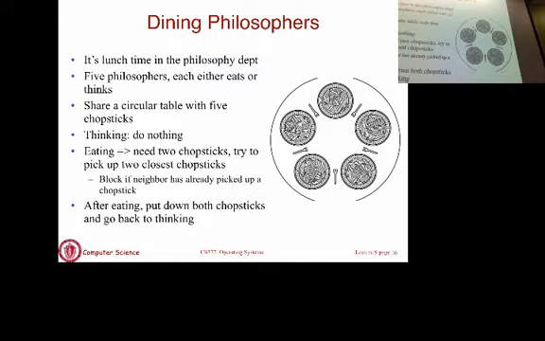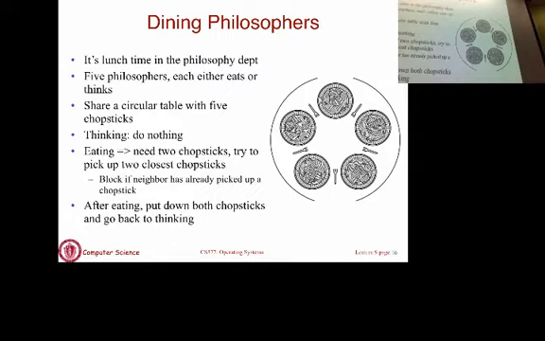That's going to be an artifact of how you solve the problem. The problem definition doesn't say how to solve it. It just says you can eat when you have both forks. Otherwise, you have to wait. And if you are thinking, you are not even waiting for forks. Is that clear?